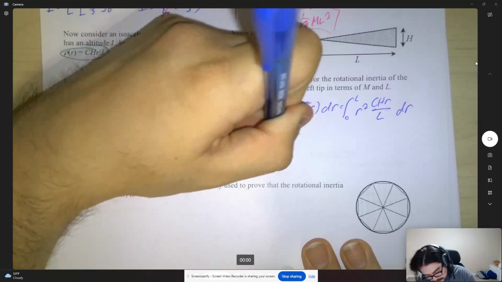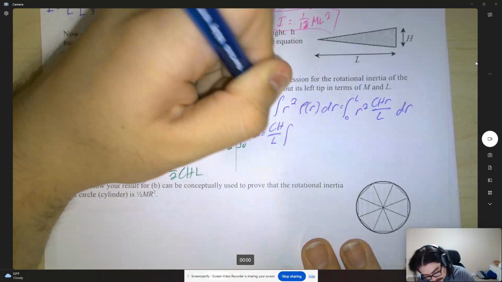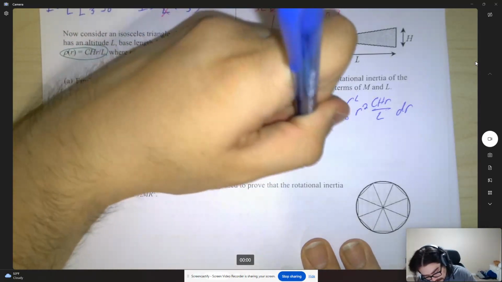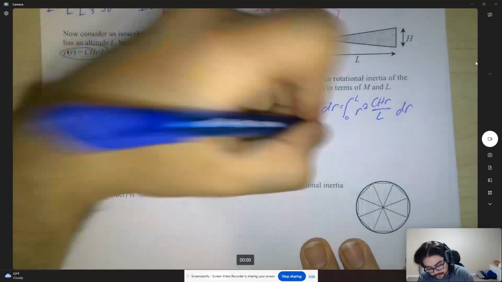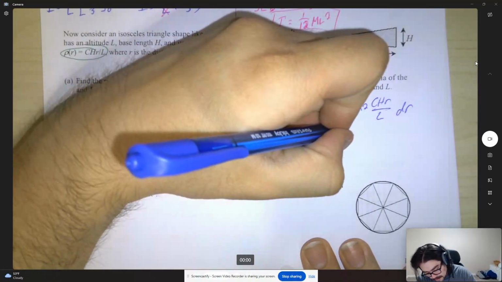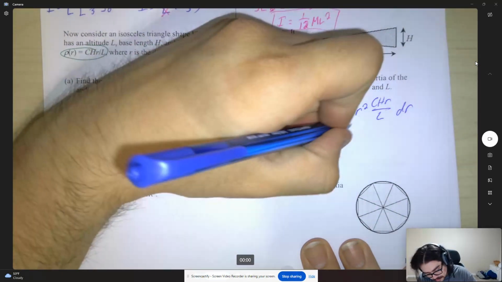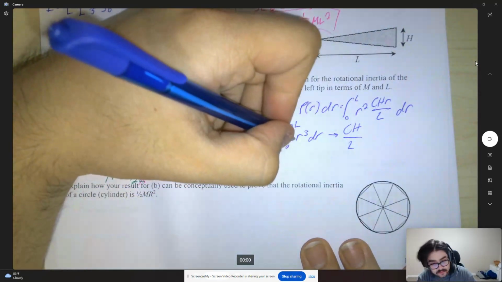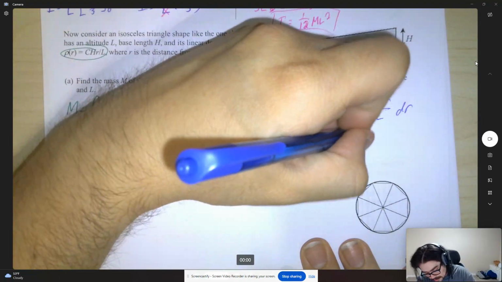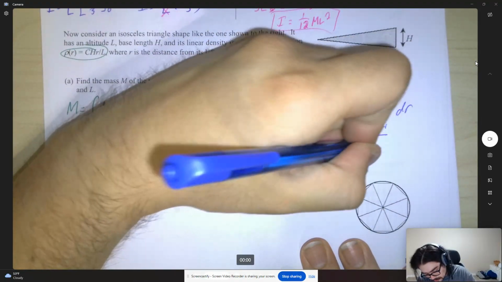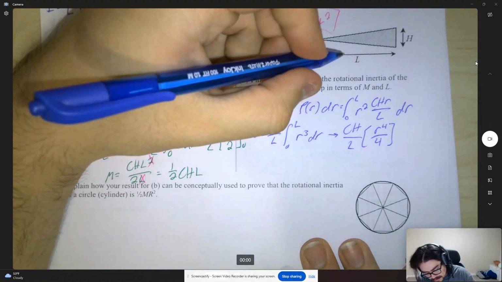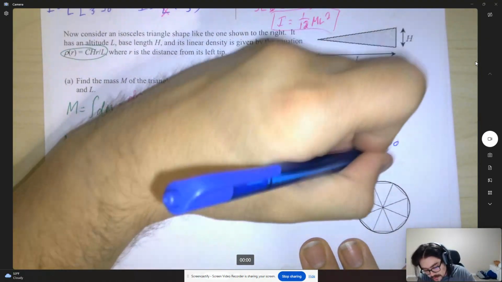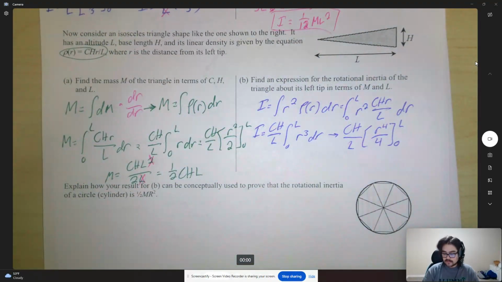So now this really just becomes, I can factor out my CH over L, integral from 0 to L of r cubed dr. Plug in your bounds. The integral of r cubed is just going to be r to the 4th power over 4. And then you do have to plug in your bounds, which the zero bound still makes this whole thing 0, so it doesn't even really matter.